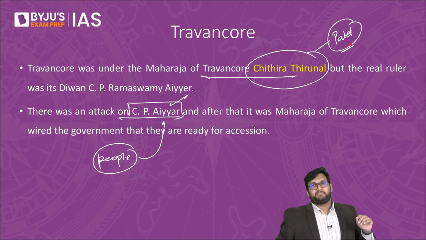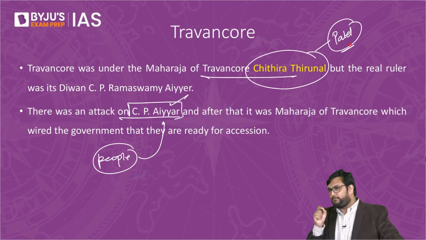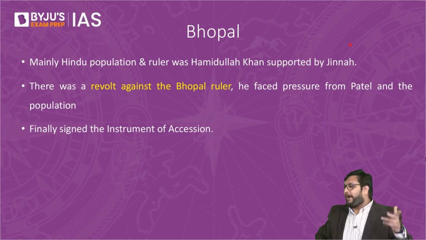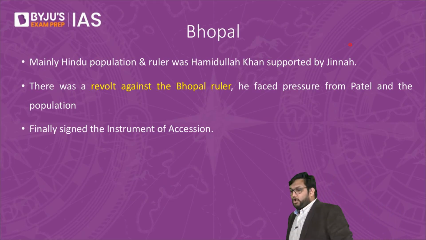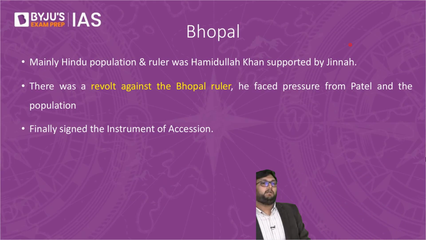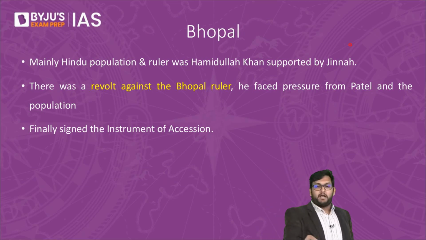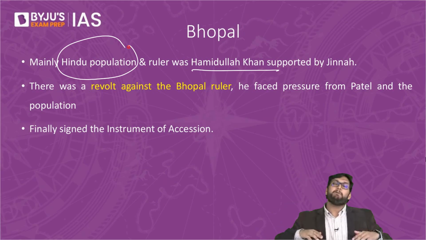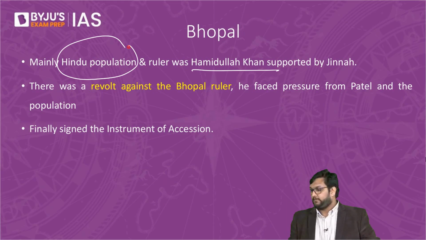But what is the most absurd, and I then give you a very small break of 5 minutes because you need to be fresh for what I am going to discuss with you, is Bhopal. Bhopal, the ruler is Hamidullah Khan, mainly Hindu population. He said, I want to be part of Pakistan.